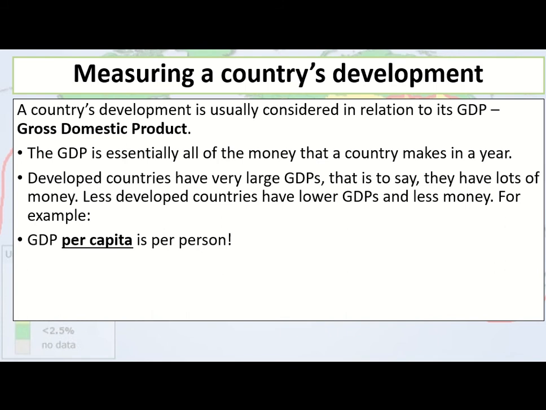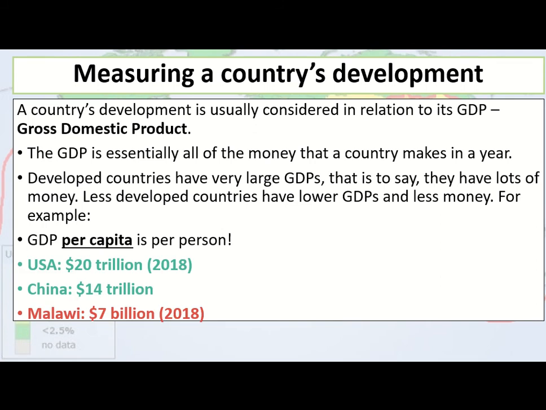The better thing we can do is, if we divide that number by the population, it will give you the amount of money generated per person in your country, and that gives us a more manageable number to work out. So GDP per capita is the same thing, all this money, but it's just divided per person to make it a bit smaller for us and see really how much wealth there is per person across the whole country.